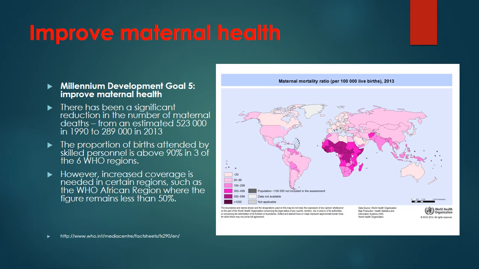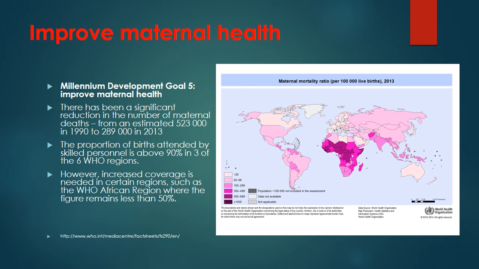The 5th Millennium Development Goal was to improve maternal health. Maternal health is mother's health. There's been a huge reduction in the number of mothers who have died, and that's gone from 523,000 in 1990 to 289,000 in 2013. They're getting more doctors and skilled people to attend birth, and that's helping mothers to stay alive during childbirth.